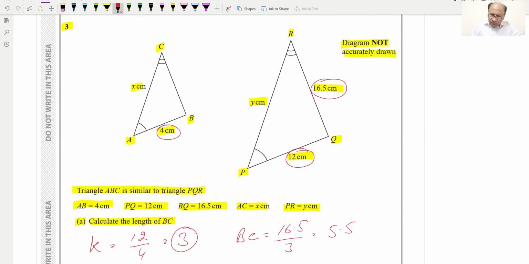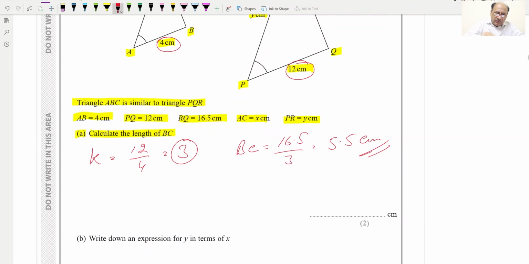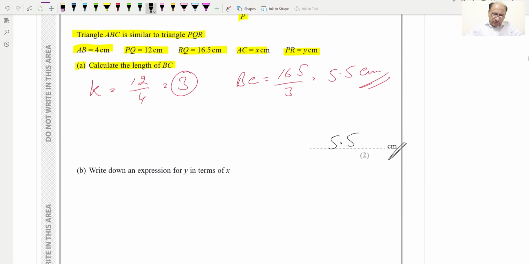So 5.5 centimeters will be the answer for this part. We can write 5.5 centimeters. This is a 2 mark question which we are done.